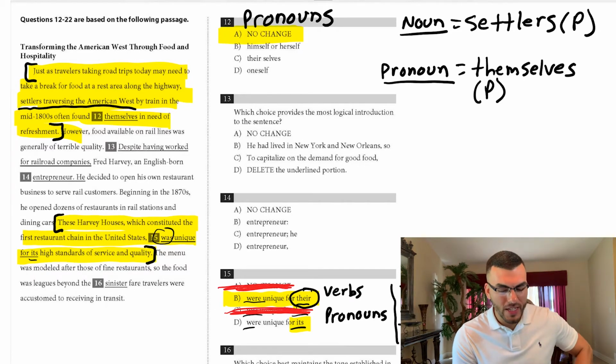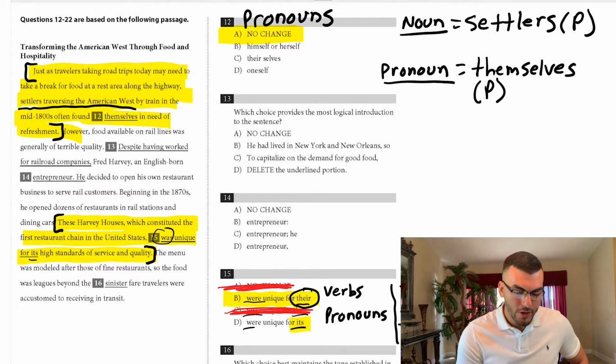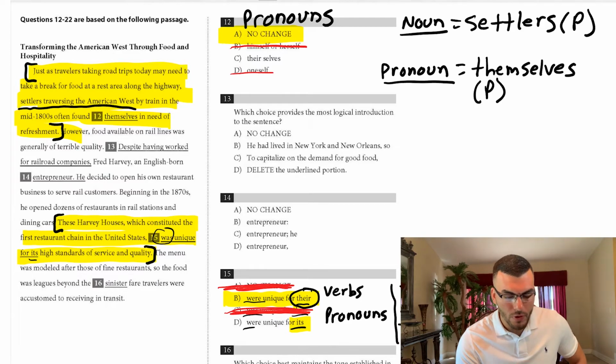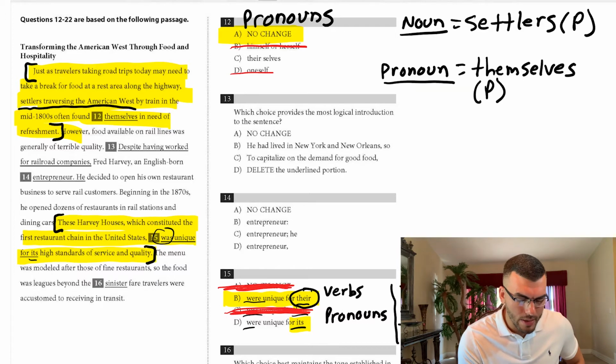Finally, choice A is the best answer. Choice B and D are both singular. Himself or herself, oneself, those are both singular. And choice C, that's not even how you spell it, their selves. That's not even a word or two words. So choice C is incorrect.